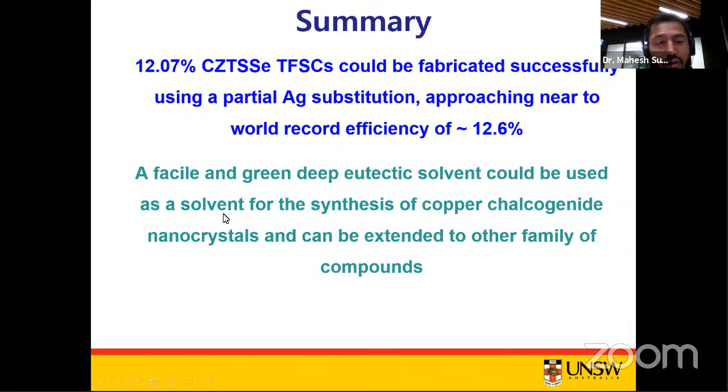And the second one is that a facile and green solvent could be used for the synthesis of copper chalcogenide nanocrystals, mainly copper antimony sulfide, and can also be extended to other families of compounds. We are trying to make copper tin sulfide, copper zinc sulfide or copper indium gallium sulfide nanocrystals in our laboratory using the same solvents, which we will report in the near future.